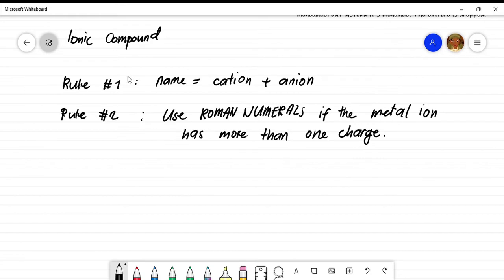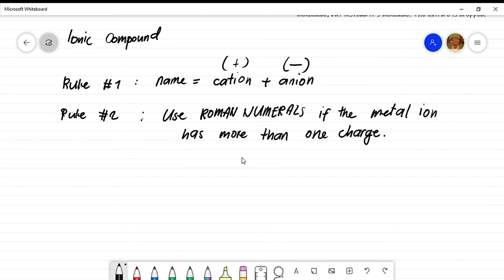For ionic compounds, we name our compounds by following these two simple rules. The first one is that the name should begin with the cation, the positively charged ion, followed by the negatively charged ion, or anion.